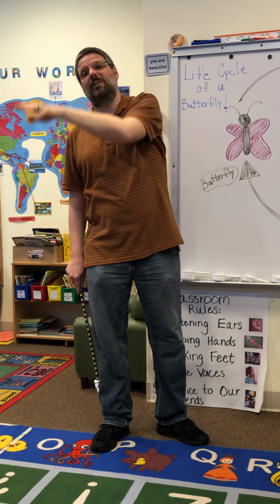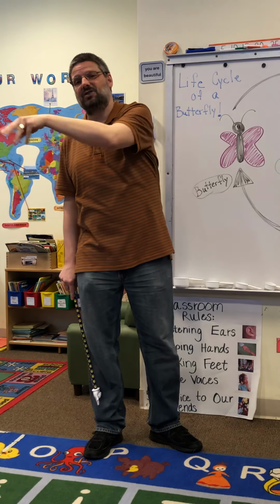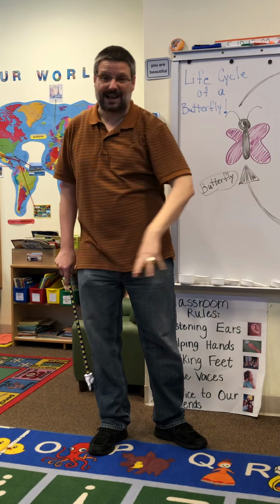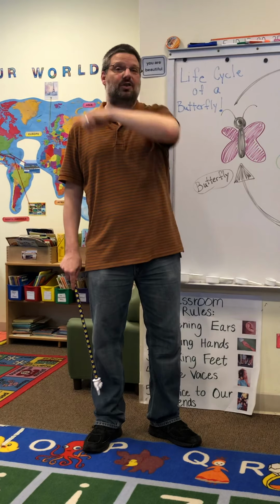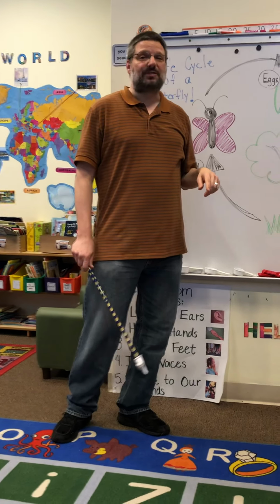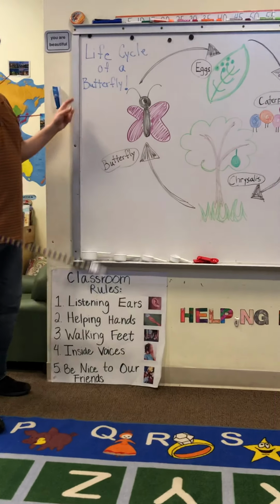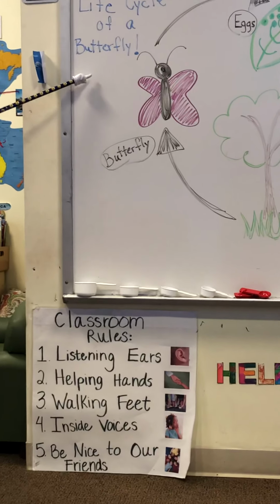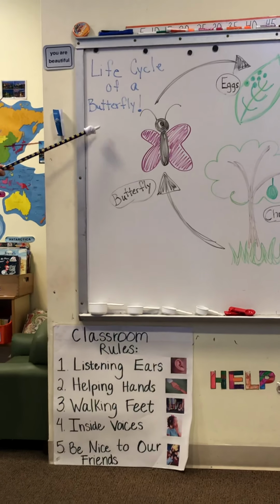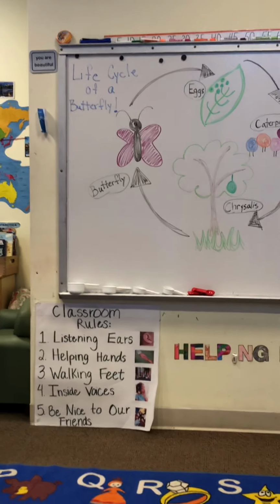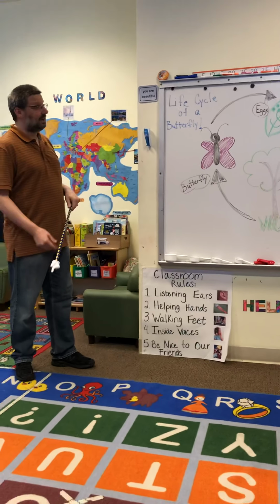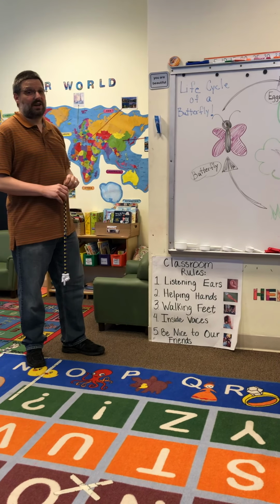And that water comes back down, precipitation, and then it collects again, and so we go back in a circle. Well, we're going to talk about the life cycle of a butterfly this week, okay? And you're going to see why it goes in a circle, the life of a butterfly goes in a circle as we go on, okay?